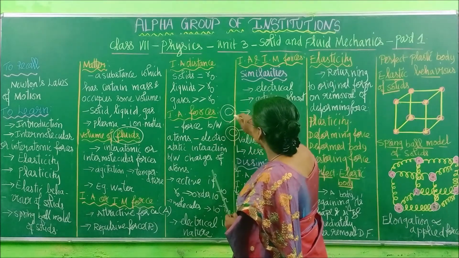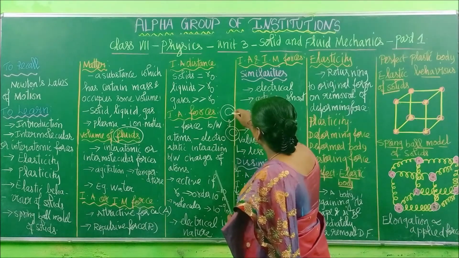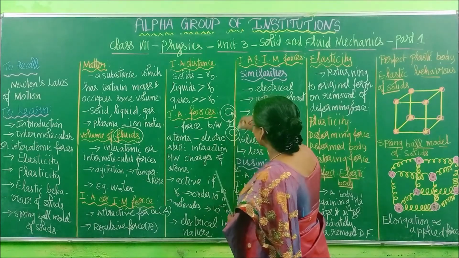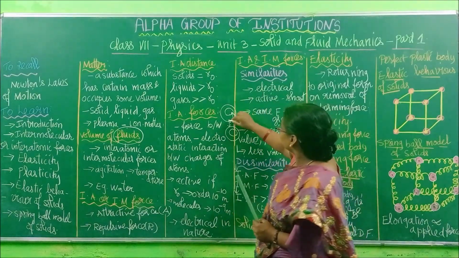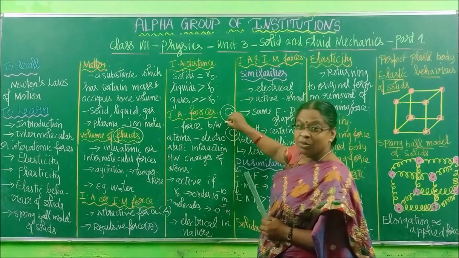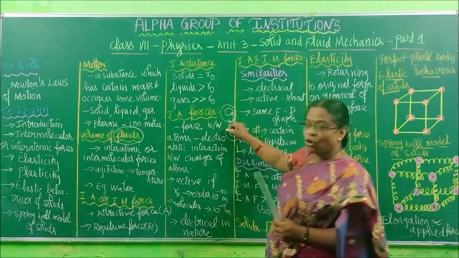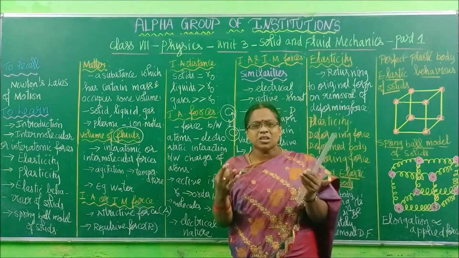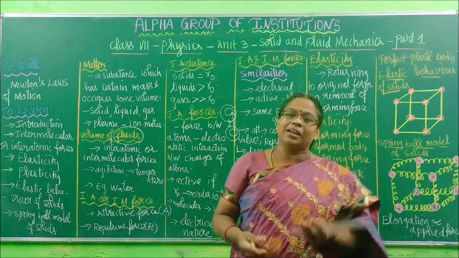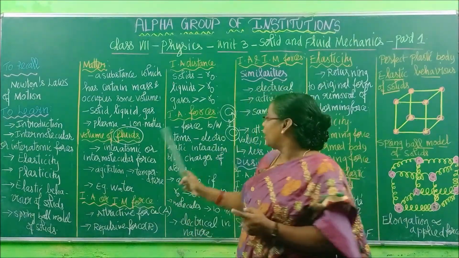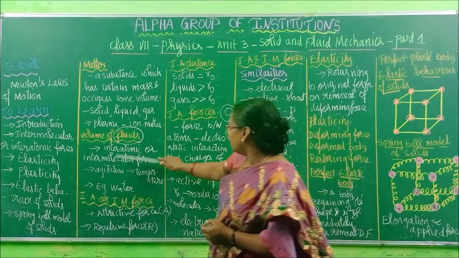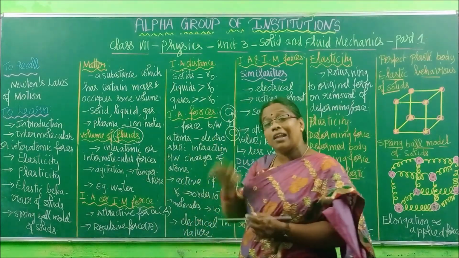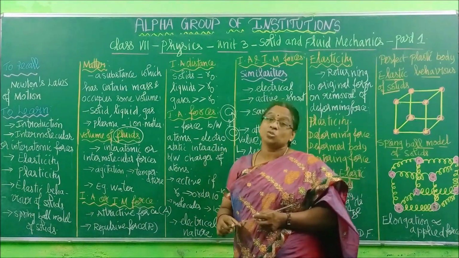So the force between atom and atom, nucleus and nucleus, and around this there will be electrons flowing. So electrons and electrons. Whatever attraction there may be between one atom and the other atom is called interatomic forces.